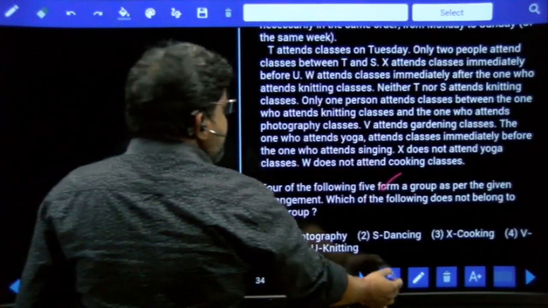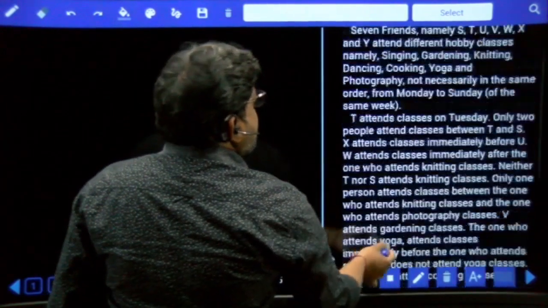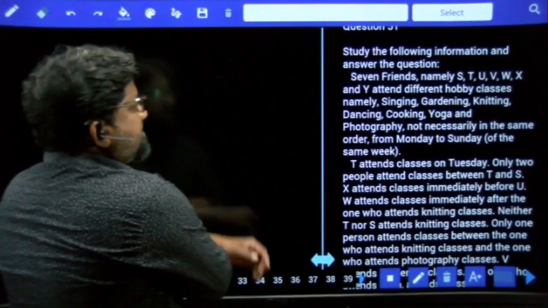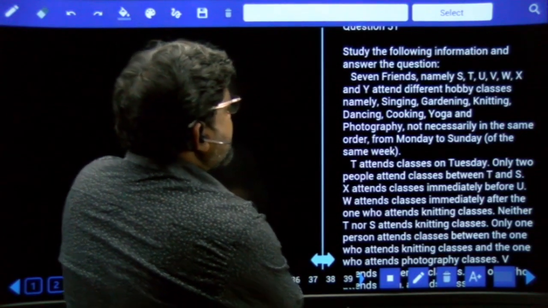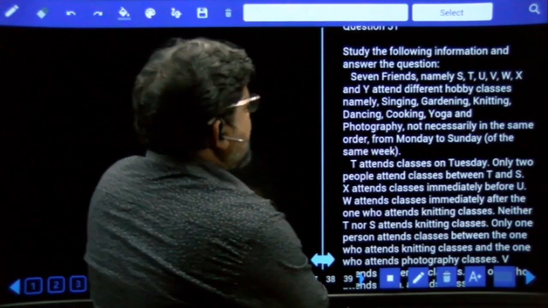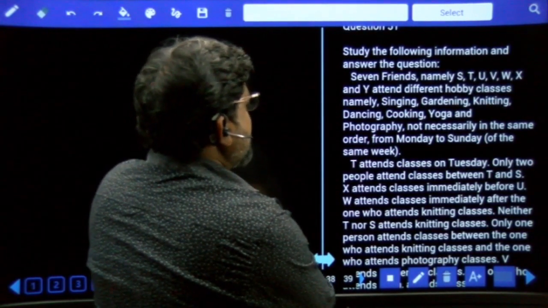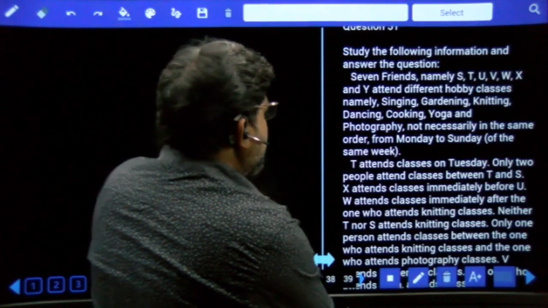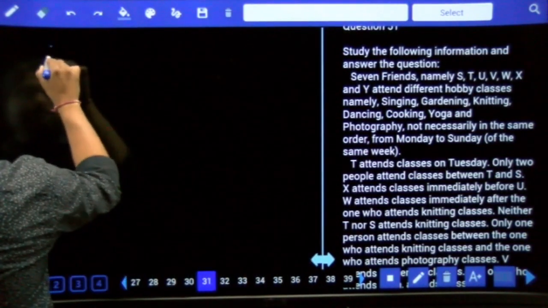31. I have a different question here. What is this? Let's see. Study the following information and answer the questions. 7 friends, namely S, T, U, V, W, X, and Y, attend different hobby classes, namely singing, gardening, knitting, dancing, cooking, yoga, and photography, not necessarily in the same order, from Monday to Sunday. So, yes, Monday to Sunday.